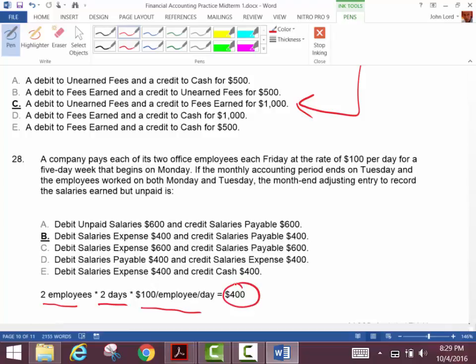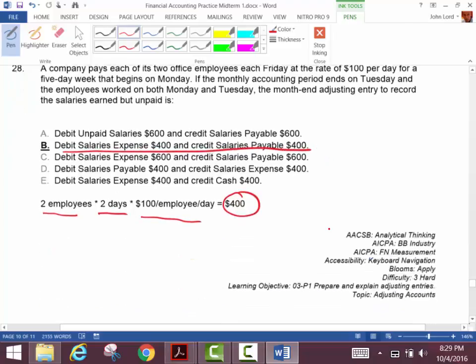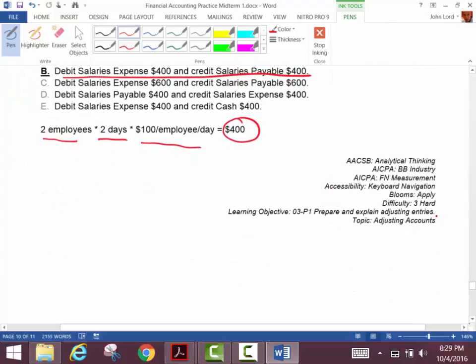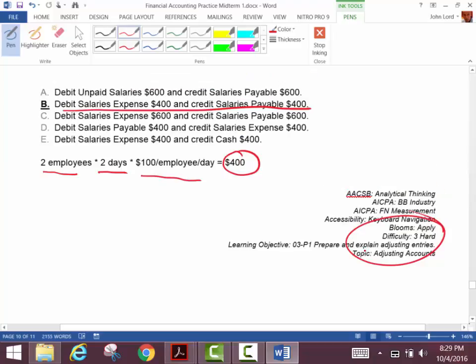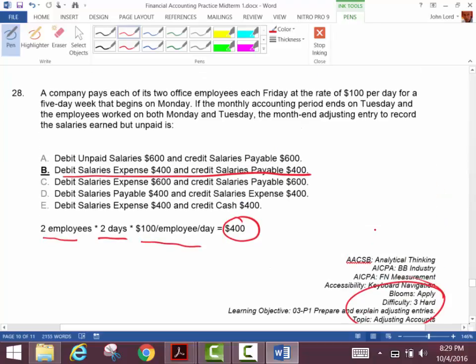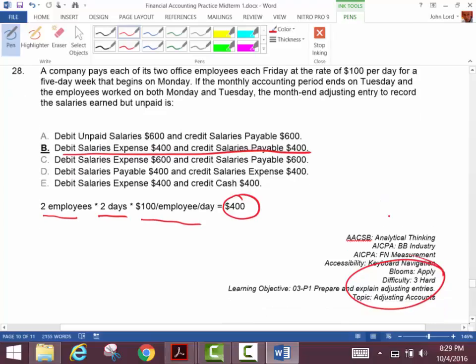The last 2 days of the month are the same thing here, aren't they? So we debit salary expense for $400, credit salaries payable for $400. That is not hard. Give me a break. Why is that hard? 2 days, 2 employees, you take the expense.